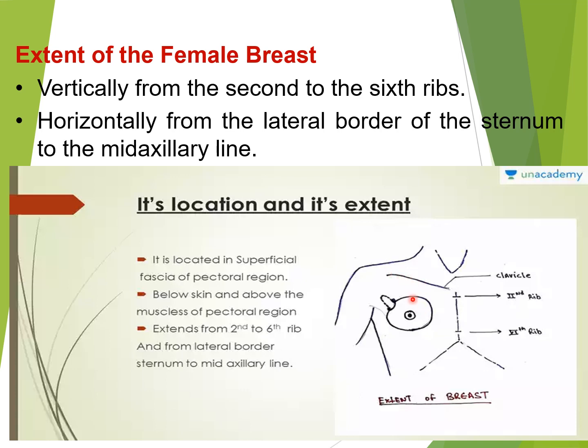So in the mid clavicular line, it extends from the 2nd to 6th ribs, and horizontally from the lateral border of the sternum up to the mid axillary line. So this is the extent of the female breast, especially the base of the female breast.